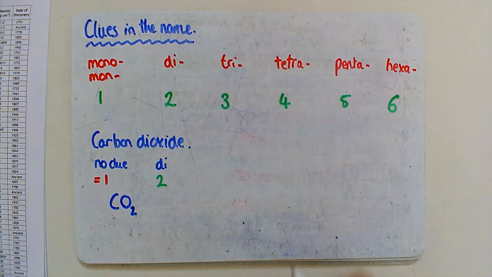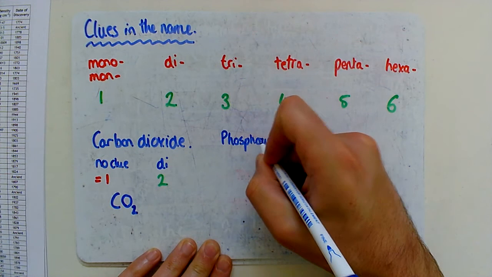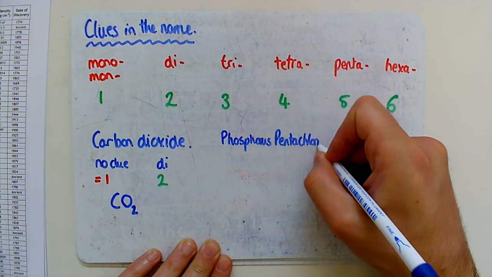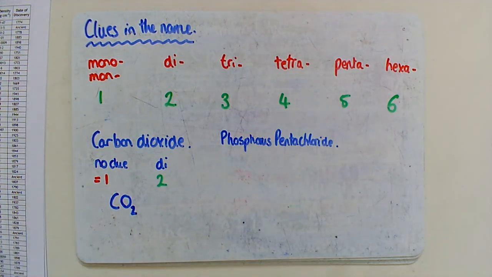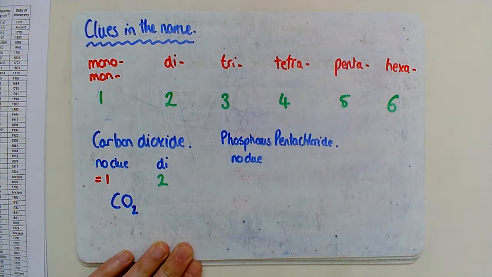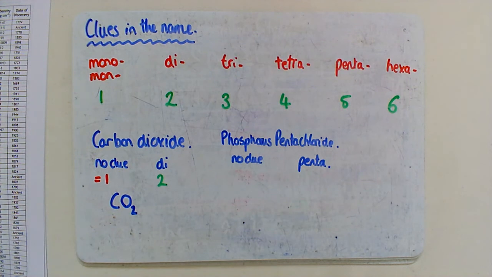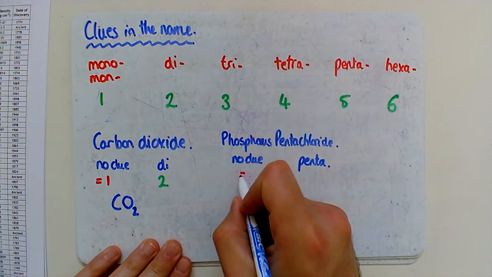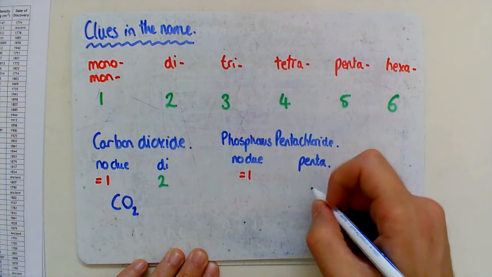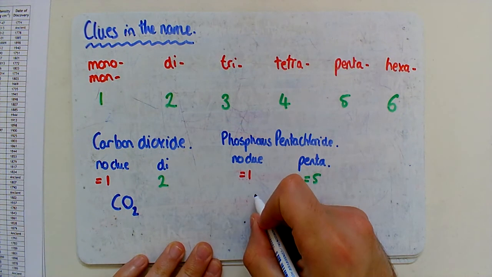Another good example, phosphorus pentachloride. There's no clue in phosphorus, so that equals 1, and penta equals 5. So we can just write out the formula by looking up the symbols.